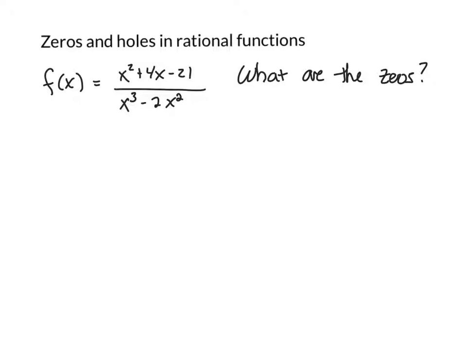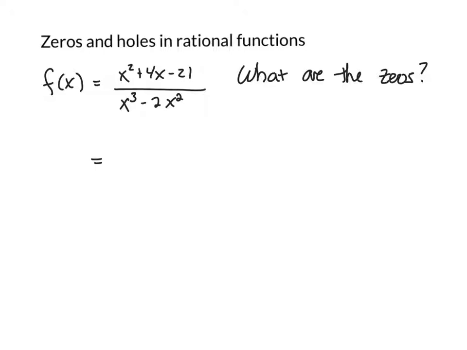Right, so let's go ahead and see if we can factor our numerator. x squared plus 4x minus 21. Well, this is a quadratic, so this numerator right here is a quadratic. If I'm factoring, I have a leading coefficient that's 1. So I ask myself, can I come up with two numbers that multiply to be negative 21 and add to be positive 4?